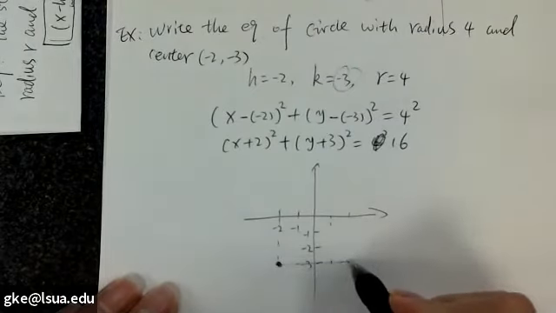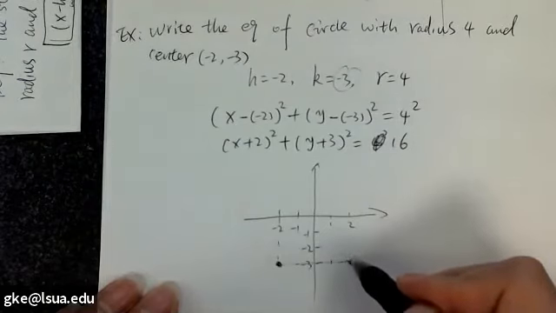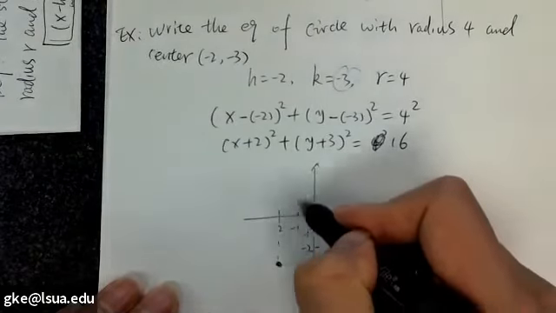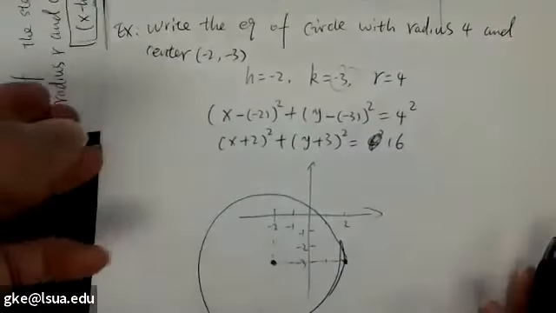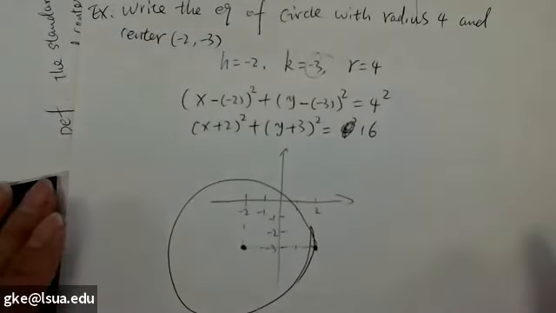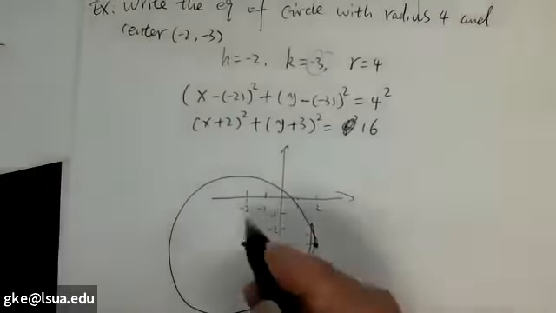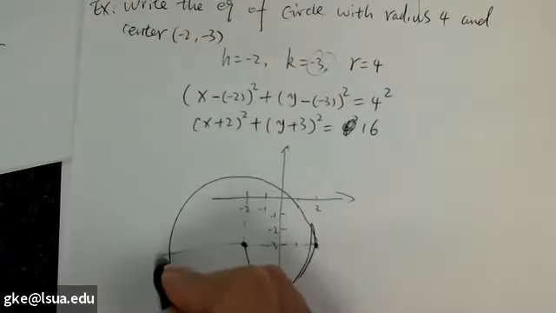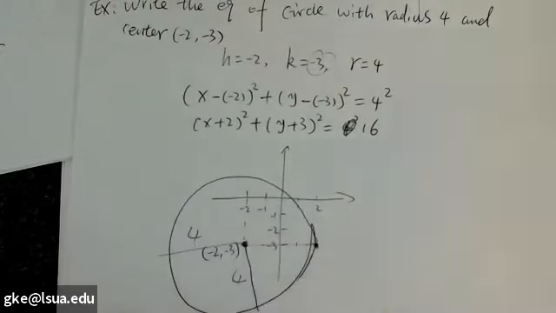So here to here should be 4, and just draw the circle. Very ugly. I'm not good at the plotting. Okay, so that's a circle, and make sure everywhere should be a 4, right? And the center is (-2, -3).